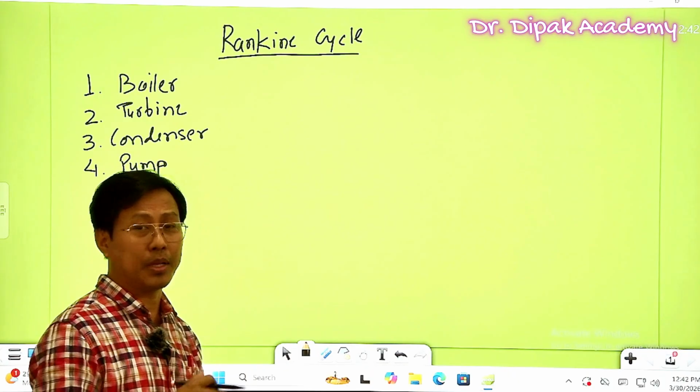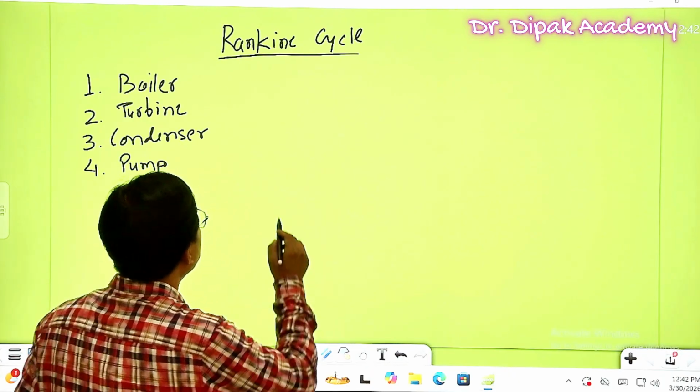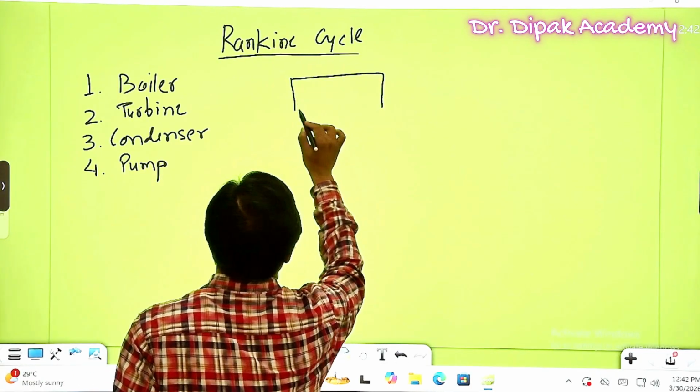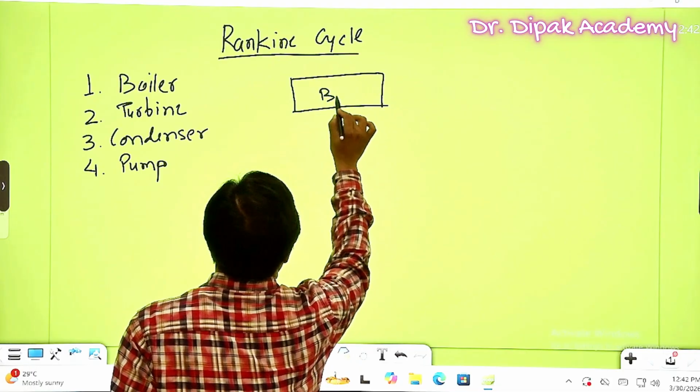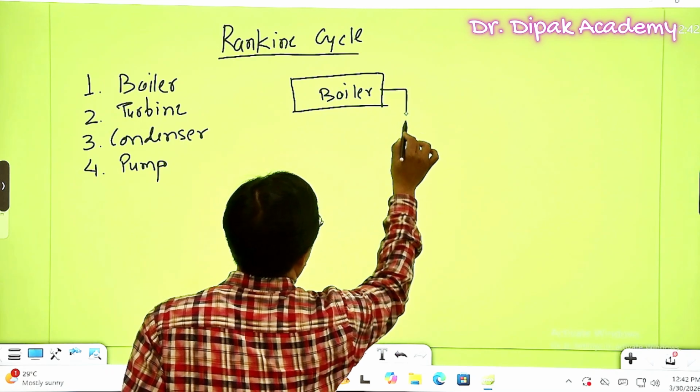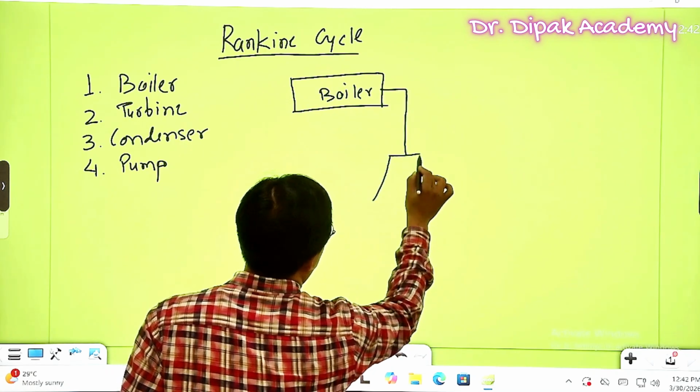To understand this Rankine cycle in a better way, I'll draw the schematic diagram so that you can understand how all these major parts are connected. If this is a boiler, then it will be the turbine.